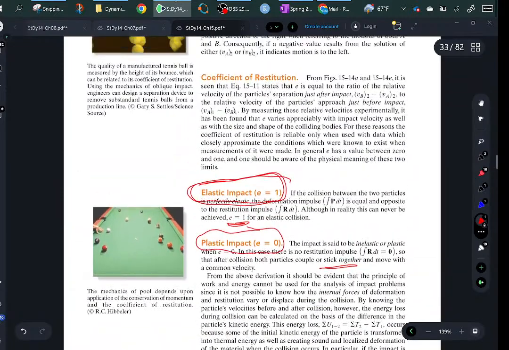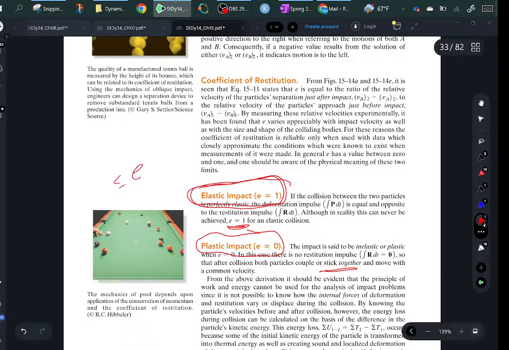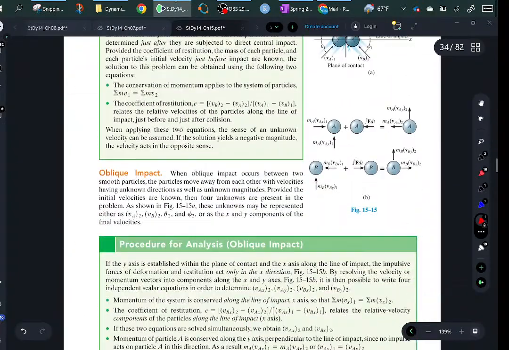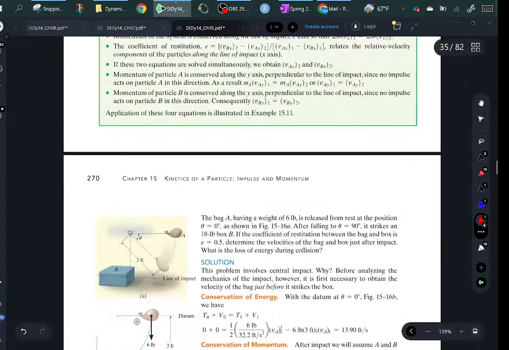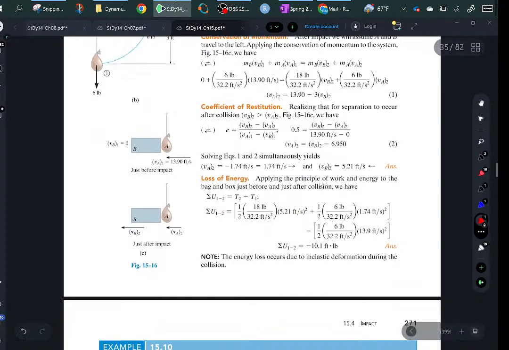And you can get into the e between 0 and 1. You can see it when you're playing pool. You can see it's pretty close to 1.